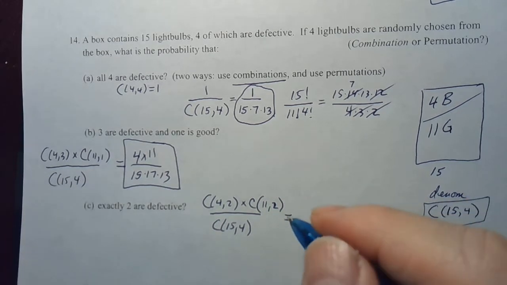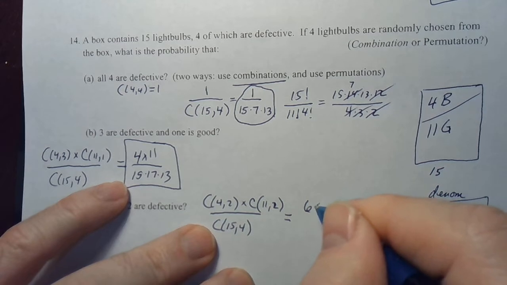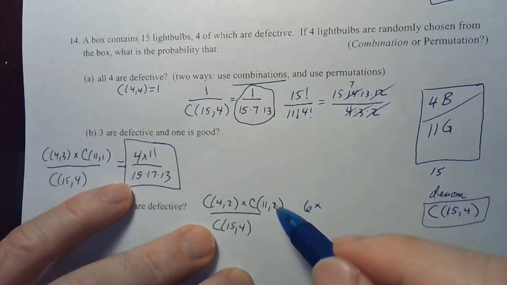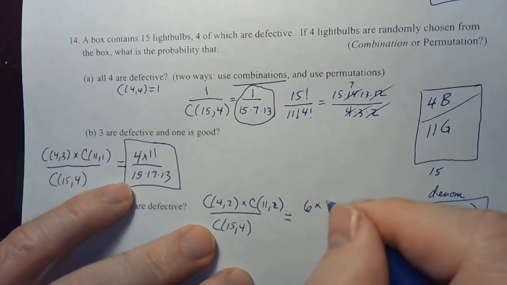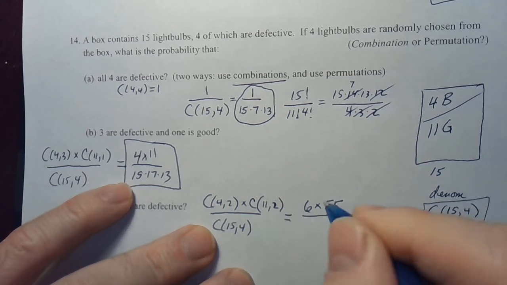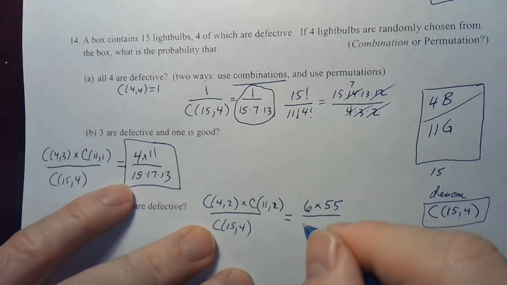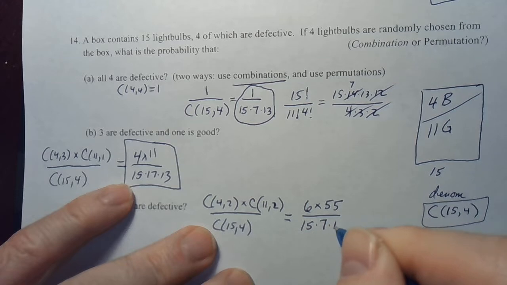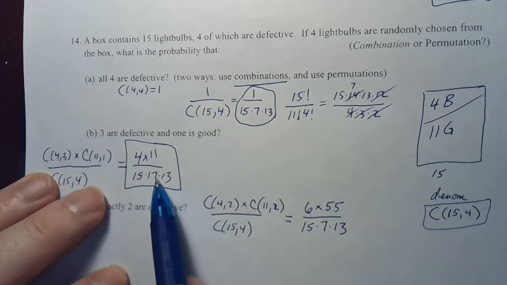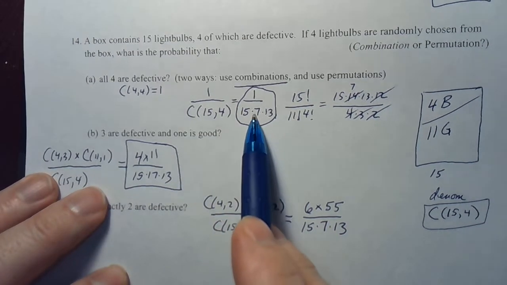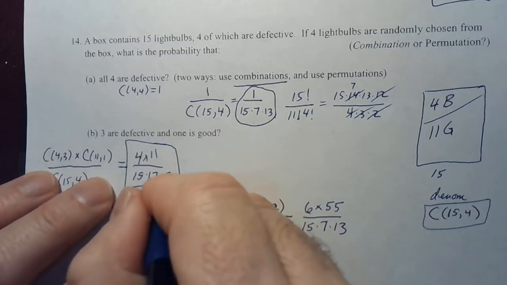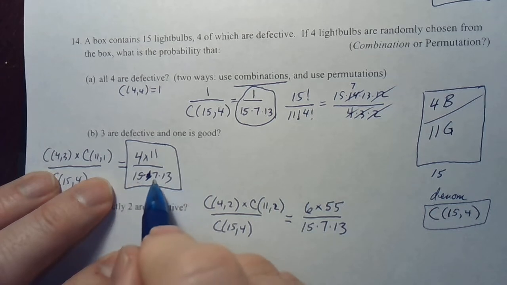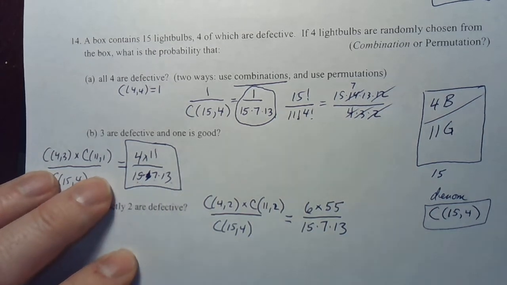And I think that was 6 times, and 11 choose 2 was 11 times 10 over 2, which is 55, over 15, 7, 13. I just noticed I made a mistake right here. It's 15, 7, 13. So that's 15 times 7 times 13.